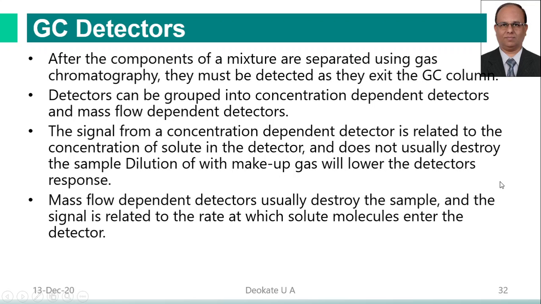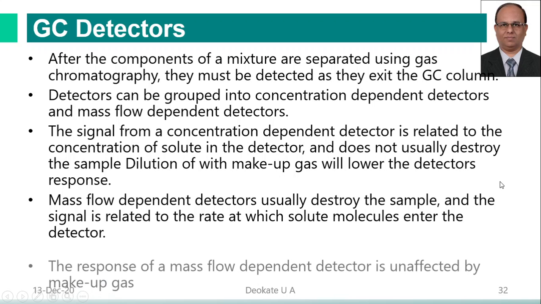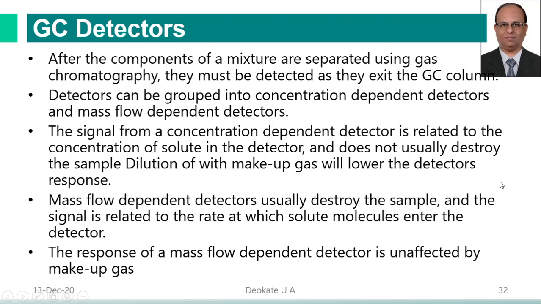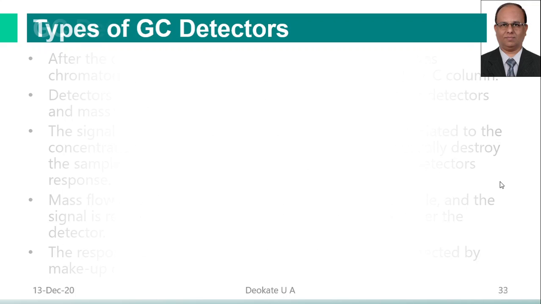The second is the mass flow dependent detector. It usually destroys the sample, and the signal is related to the rate at which solute molecules enter the detector. This includes the flame ionization detector or electron capture detector. The response of a mass flow dependent detector is unaffected by the makeup gas used in gas chromatography.